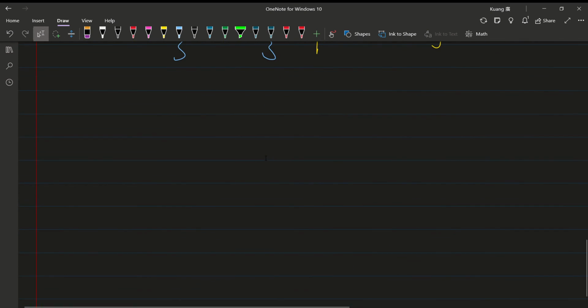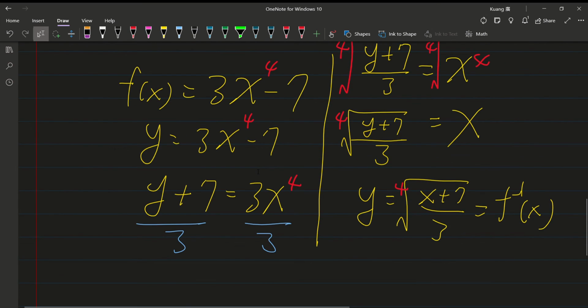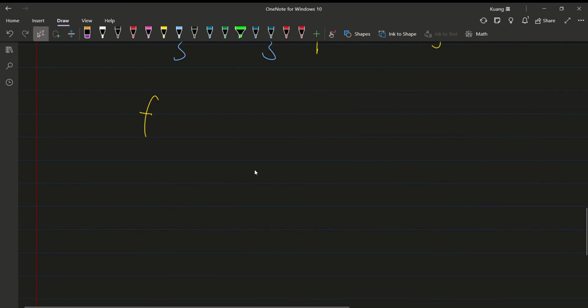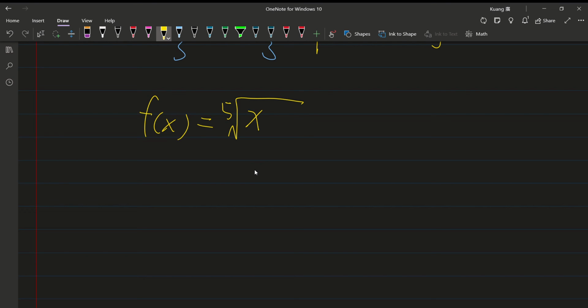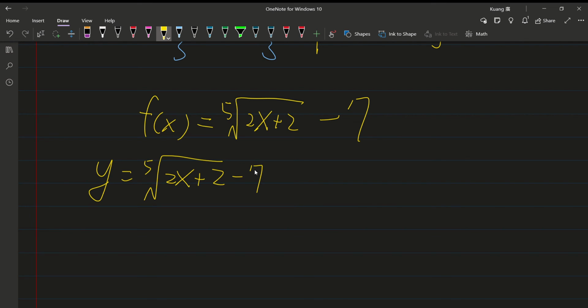The other type of function is if I get a function like this. It's complicated. My y equal the fifth root of 2x plus 2, minus 7. Again, I move 7 to the left hand side, negative 7 becomes plus 7, equal this.